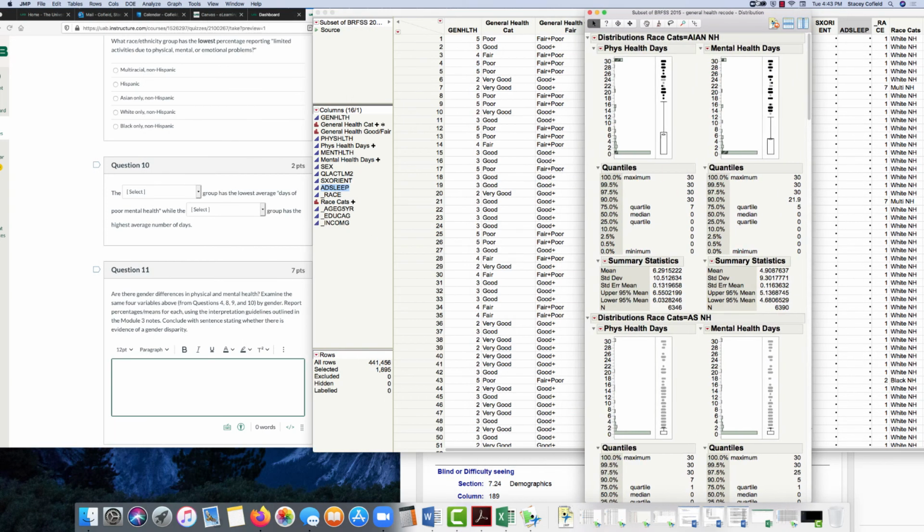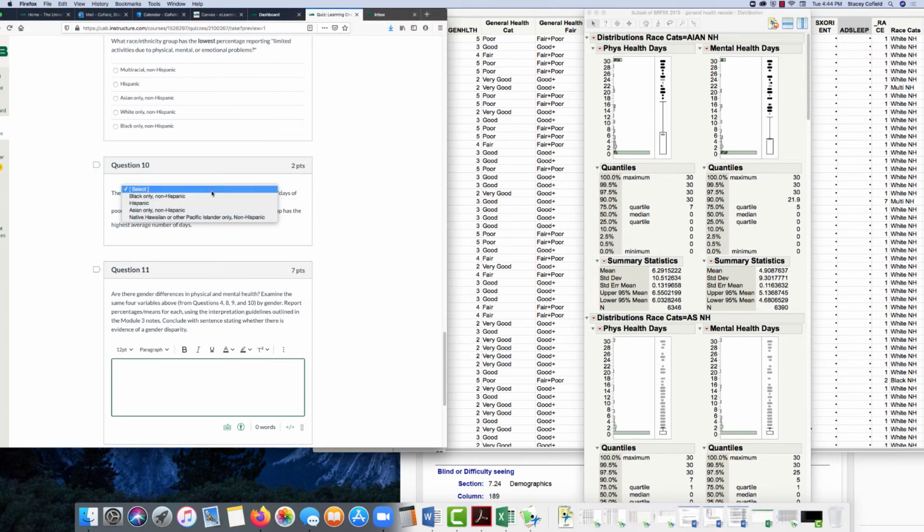You're going to get a very large amount of information here, but basically it's going to tell you for AIAN non-Hispanic, and the average is the mean, what their mean average is. And then just scroll through to find the lowest average out of these 4, and scroll through to find the highest mean value out of those 4.